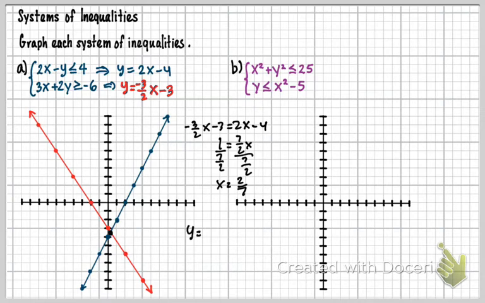So y equals 2 over 7 minus 4, so that's really 4/7 minus 4, and that's really 4 over 1, and that's really 28/7. So it's going to equal negative 24/7. So my ordered pair here then is going to be 2/7 comma negative 24/7.